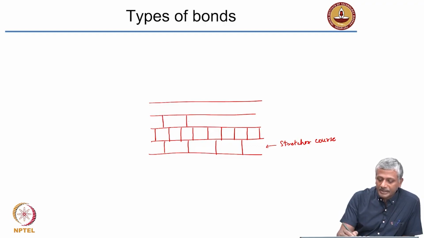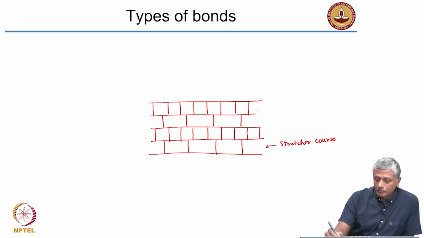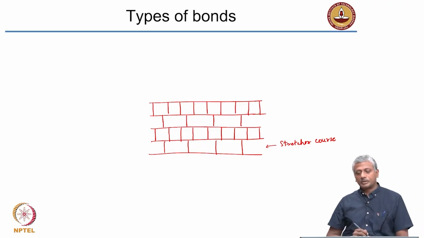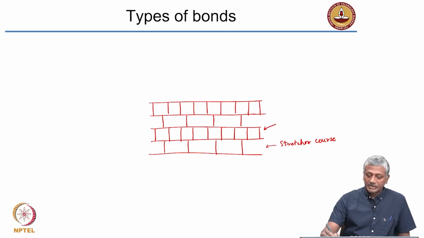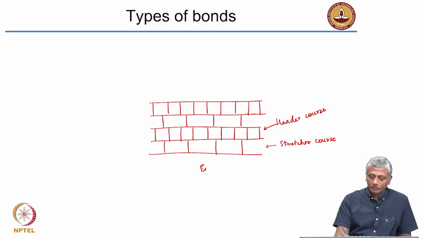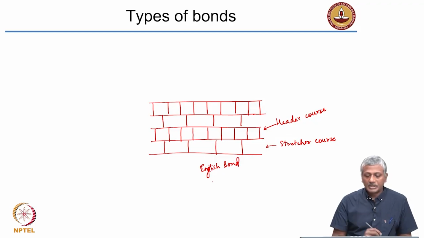Then the third layer becomes again a stretcher course, and the fourth layer again becomes a header course. Okay. So that's a header course. So this arrangement is called English bonded wall. That's an English bonded wall.